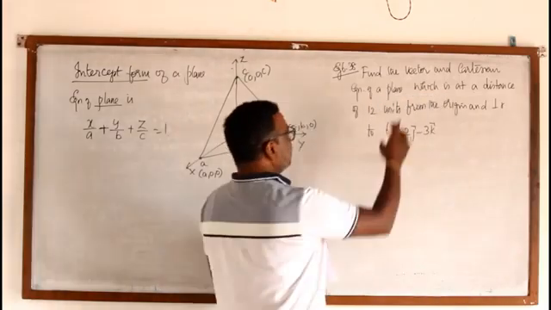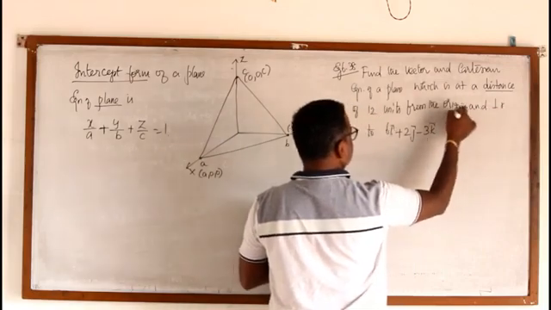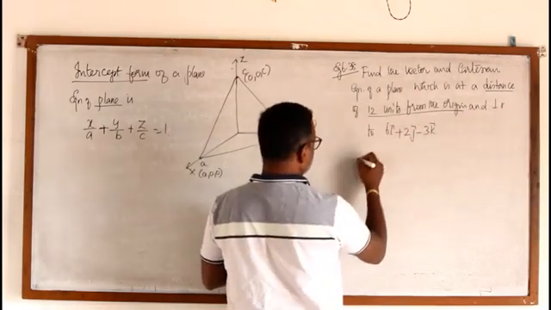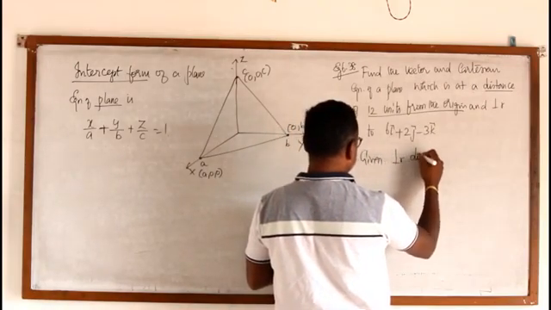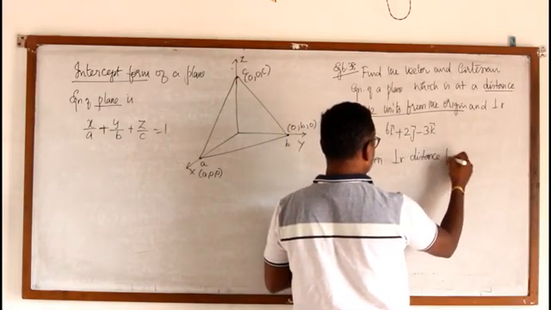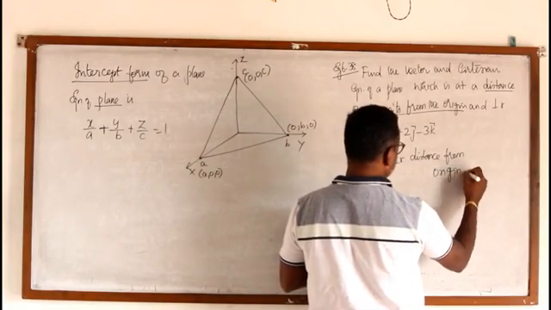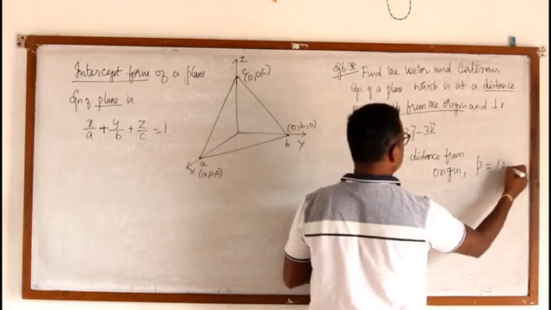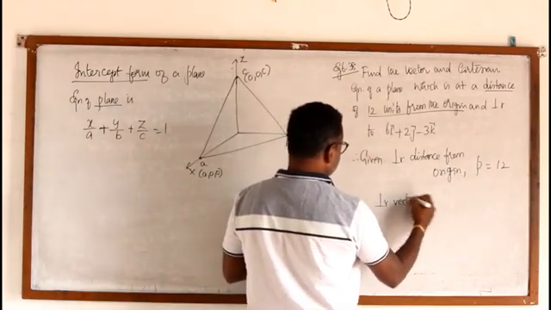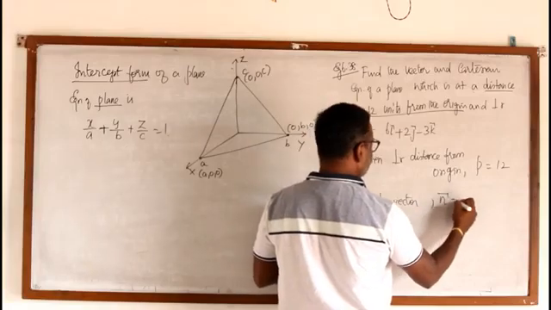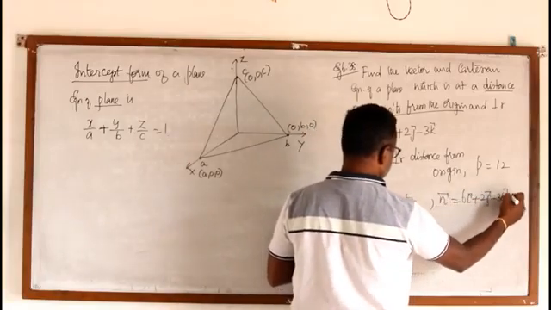Listen, the perpendicular distance from the origin is given. Perpendicular distance from origin means it is small p, that is 12, and perpendicular vector means it is the normal vector, n vector is 6i plus 2j minus 3k.